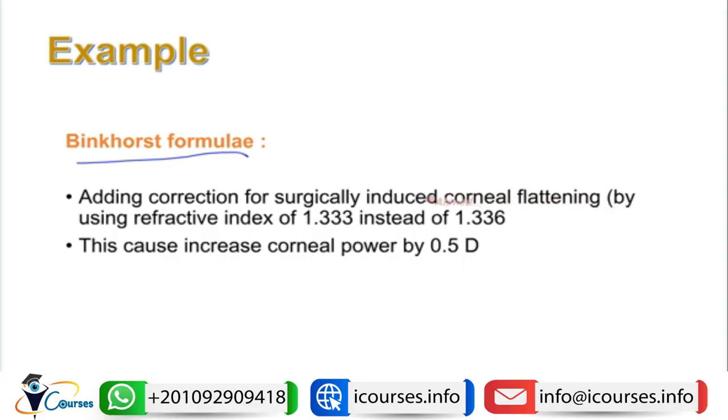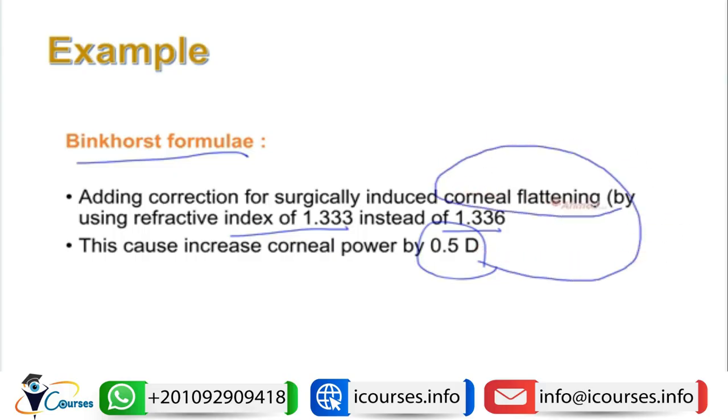In order to compensate for this, this formula used a refractive index of 1.333 instead of 1.336, so that we can increase the corneal power by 0.5 diopter, which will compensate for the corneal flattening made by the incision. So this is just a way we can theoretically compensate for the IOL power using one factor, which is the refractive index of the cornea.